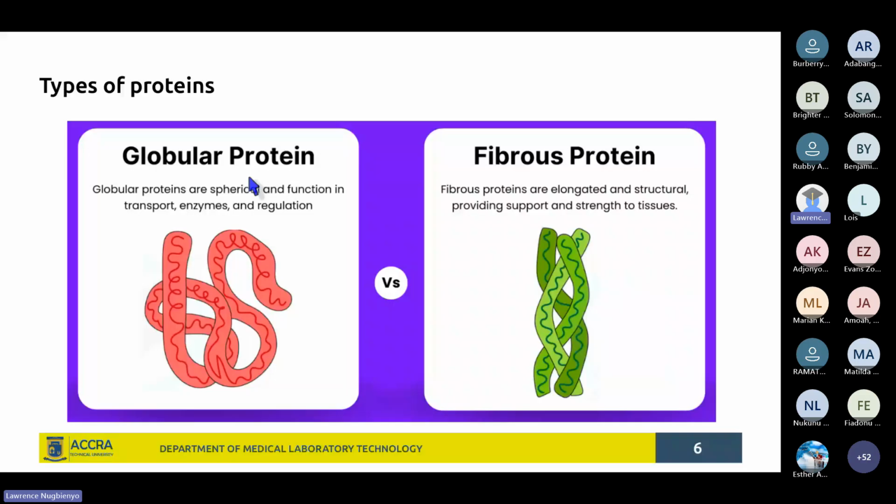So to stop bleeding, you find proteins such as fibrinogen convert into fibrin to form that mesh for healing. So that is a fibrous protein. But hemoglobin is a globular protein. That's what you find in the name as globin. Right.